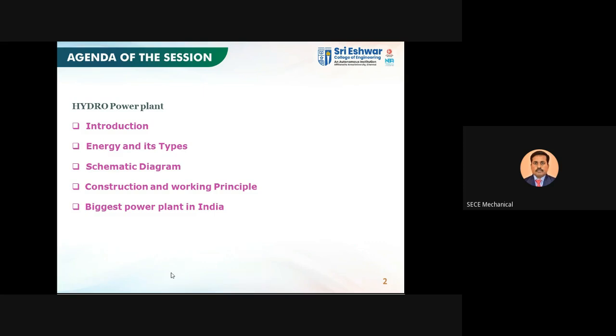When water flows from one point to another at high speed, the energy is converted: potential energy is converted into kinetic energy, and further into mechanical energy with the help of the turbine. Due to the turbine rotation, the mechanical energy is finally converted to electrical energy. With the help of the power grid system, we can distribute the power.